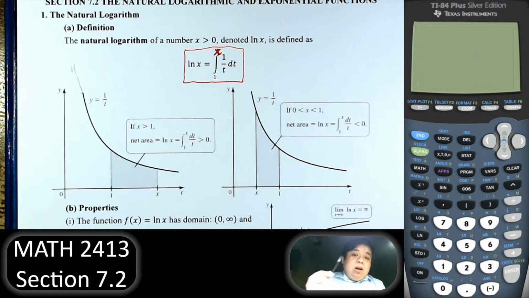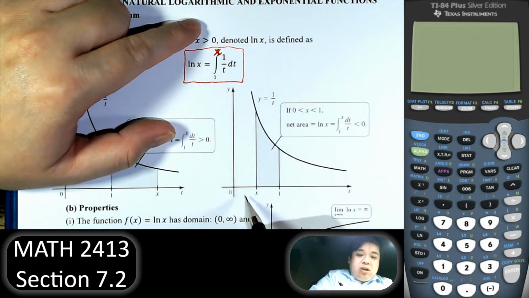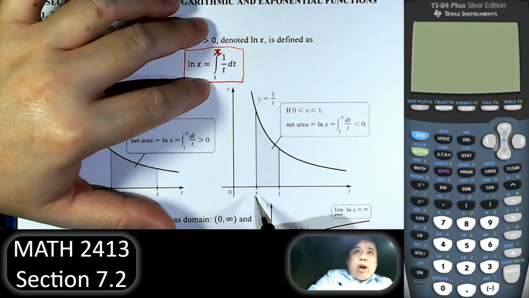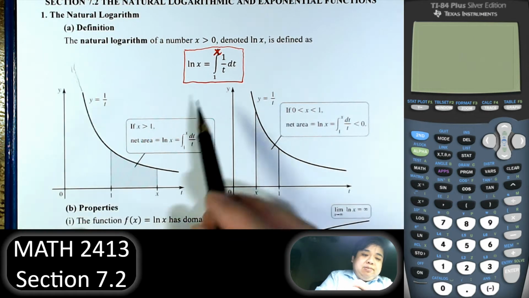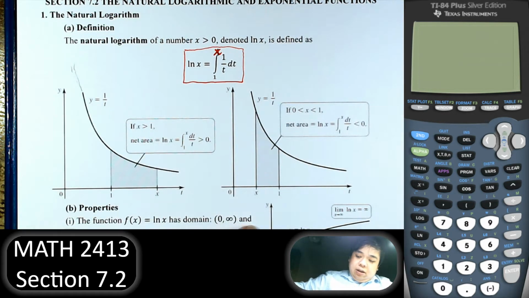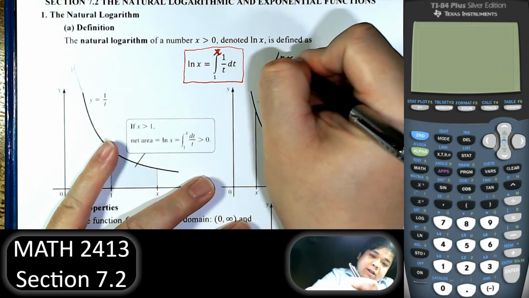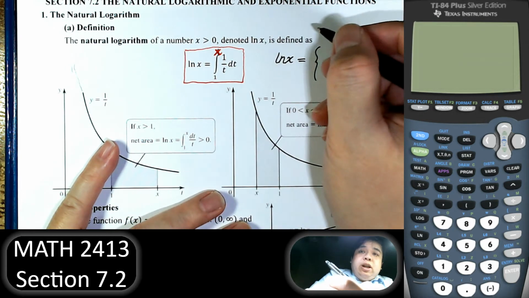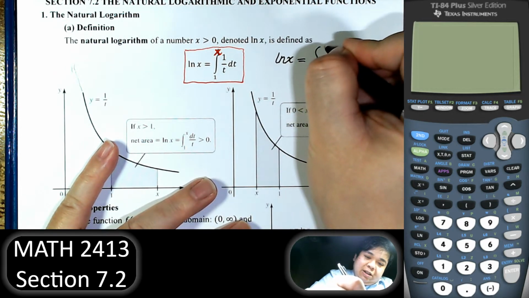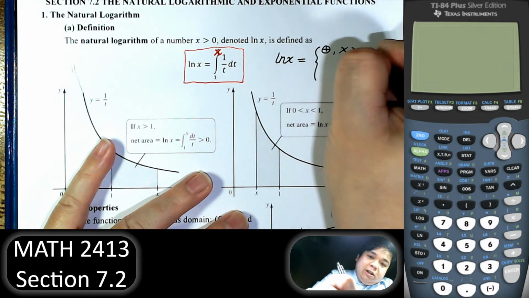Notice the net area from x to 1 is the opposite of from 1 to x, but by this definition it is 1 to x. Here we write from x to 1. So ln of x is going to be positive if x is greater than 1.